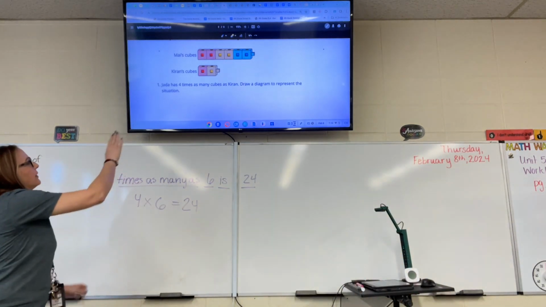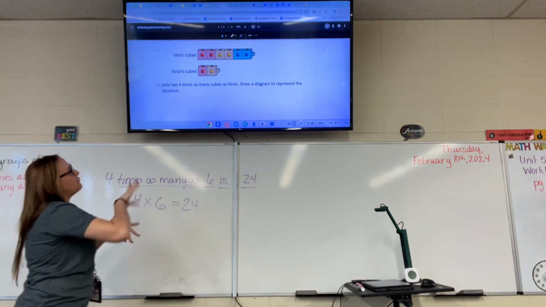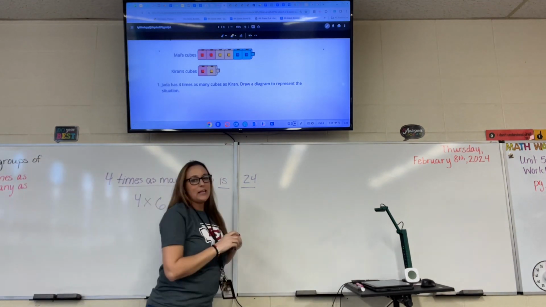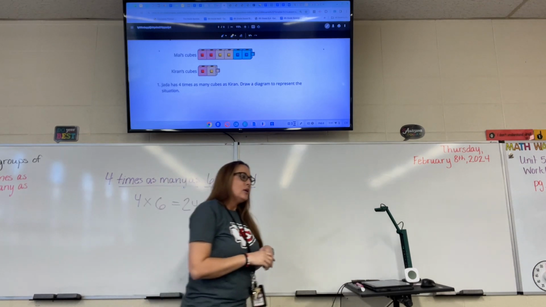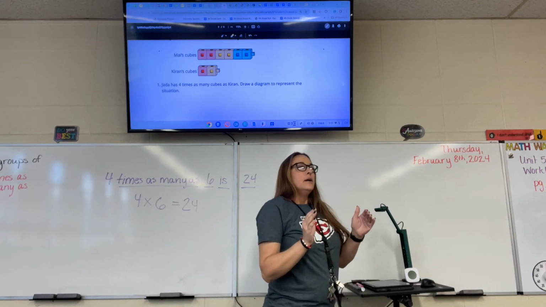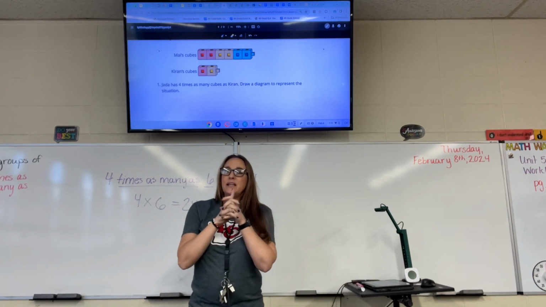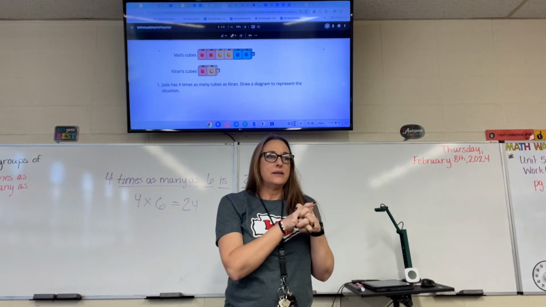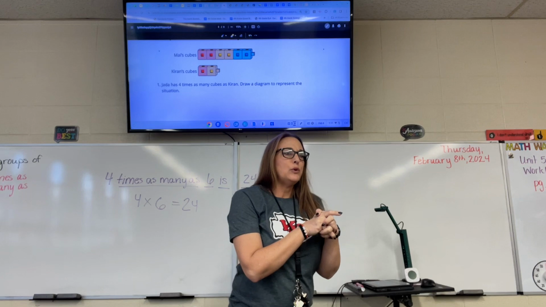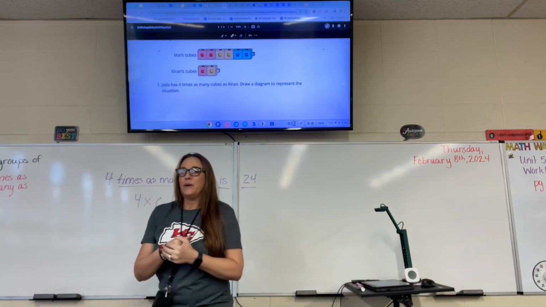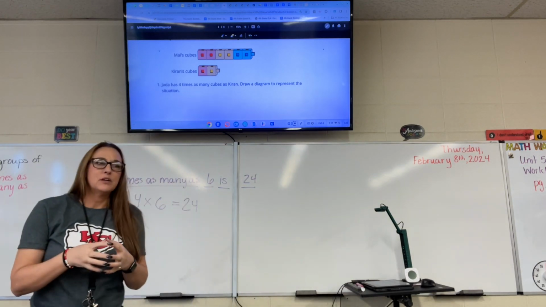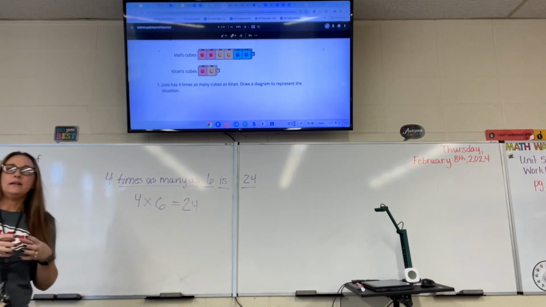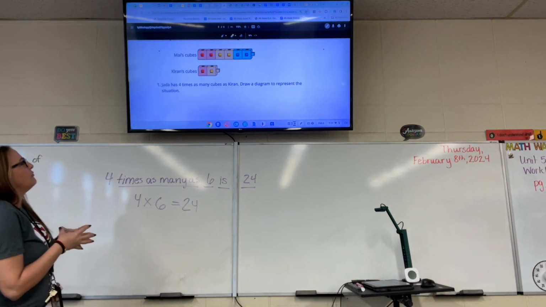So up here, it says Jada has 4 times as many cubes as Kieran. They've only given us one number and the times as many as. What other number would we use for this problem? Corbin? 4. No, not a 4.